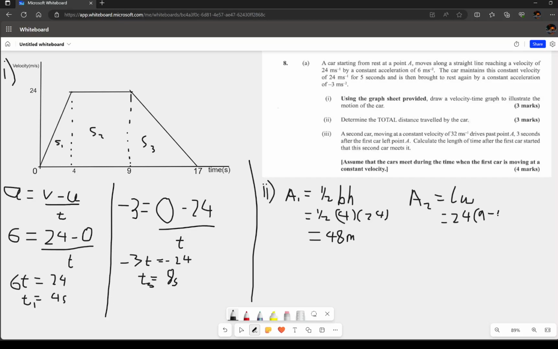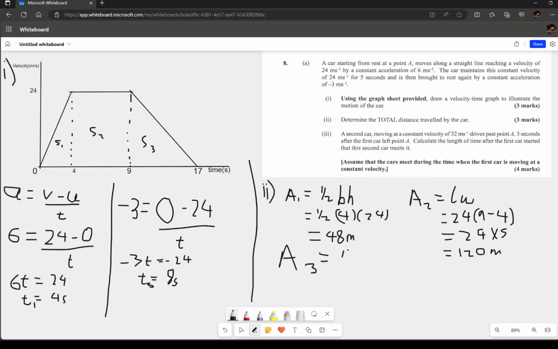So 24 times 9 minus 4 is, of course, 24 times 5, which is 120 meters.